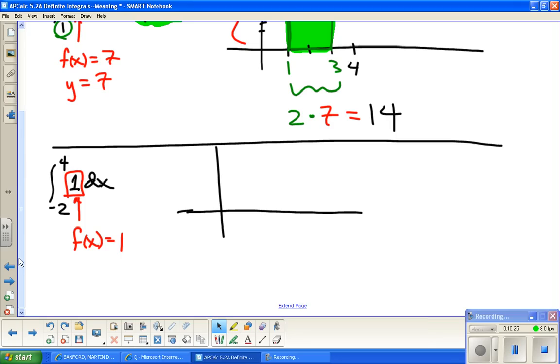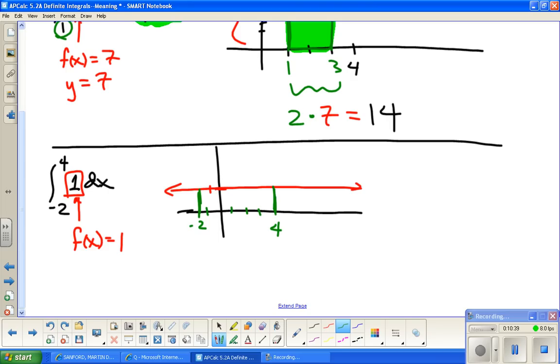We're going to graph y equals 1, and I need to look at this from -2 all the way to 4. 1, 2, 3, 4. So that area is going to be 6 times 1, which is 6. So the value for this integral is 6.